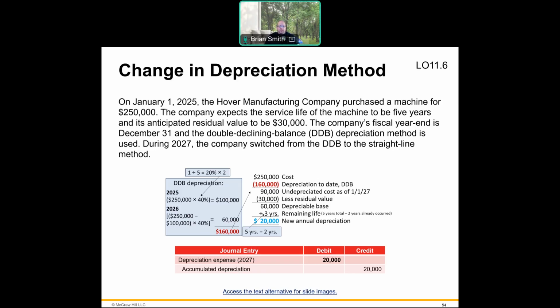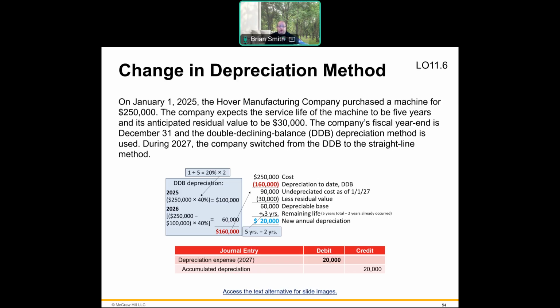So we take original cost minus accumulated depreciation, which gives us the undepreciated cost. We subtract our residual value. That leaves us what we have left to depreciate. It looks like 2 years have gone by, so we subtract 2 from the initial useful life of 5, and we have 3 years left.